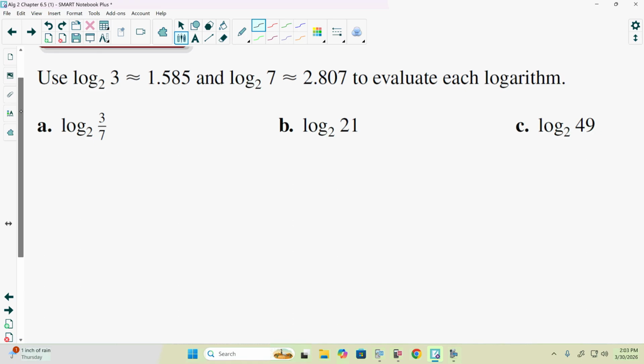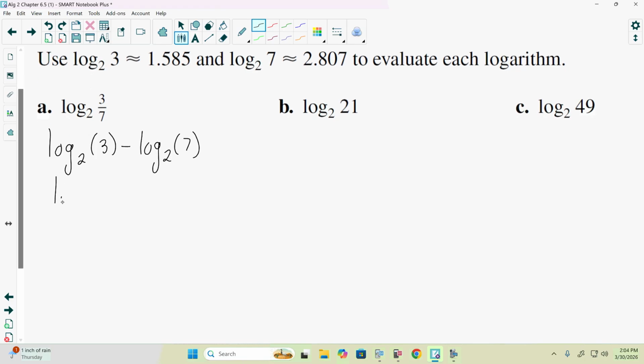So if I wanted to find out what log base 2 of 3/7 is, and I know that log base 2 of 3 is 1.585, and I know that log base 2 of 7 is 2.807, we can use our quotient property to say that log base 2 of 3/7 is the same as log base 2 of 3 minus log base 2 of 7. And it already told us that log base 2 of 3 is 1.585.